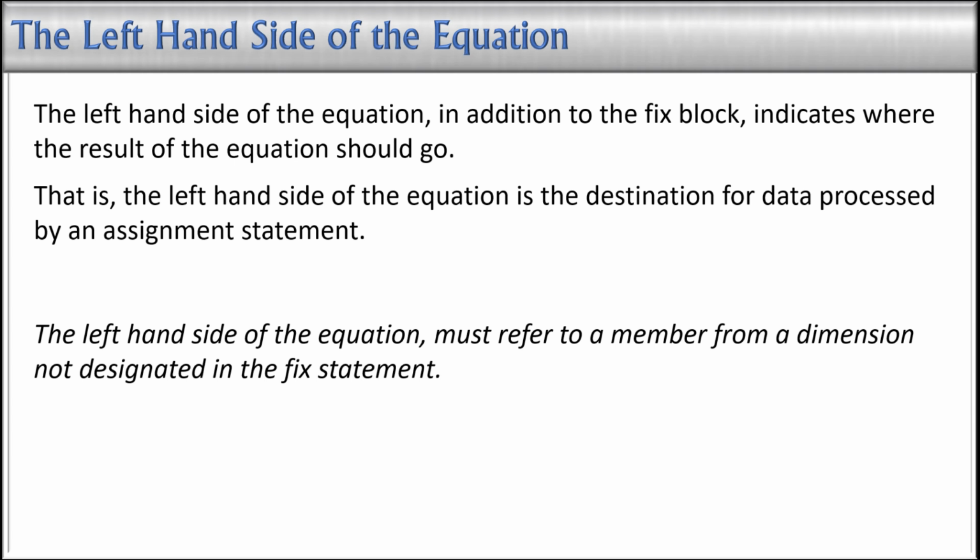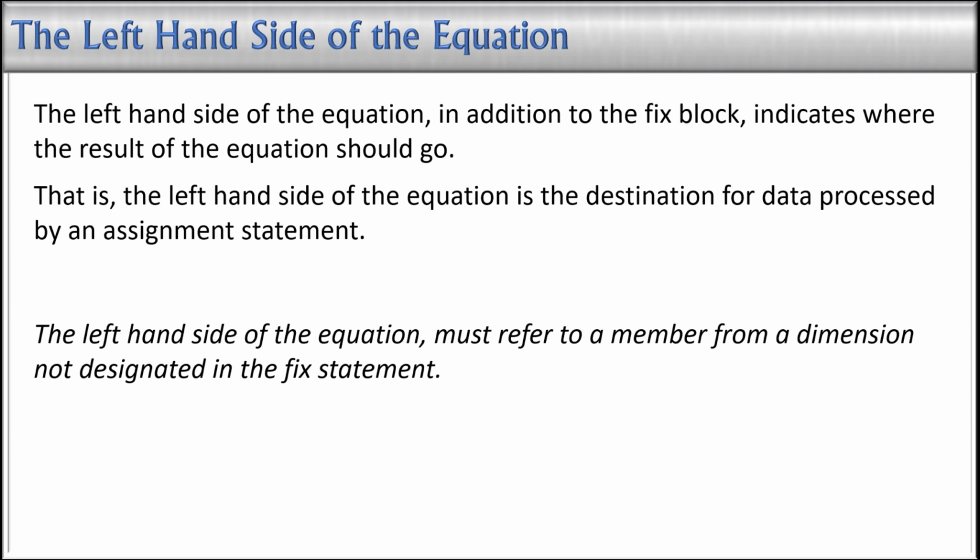The left-hand side of the equation, in addition to the fixed block, indicates where the results of an assignment statement, where the results of an equation should go. That is, the left-hand side of the equation is the destination for the data processed by an assignment statement.